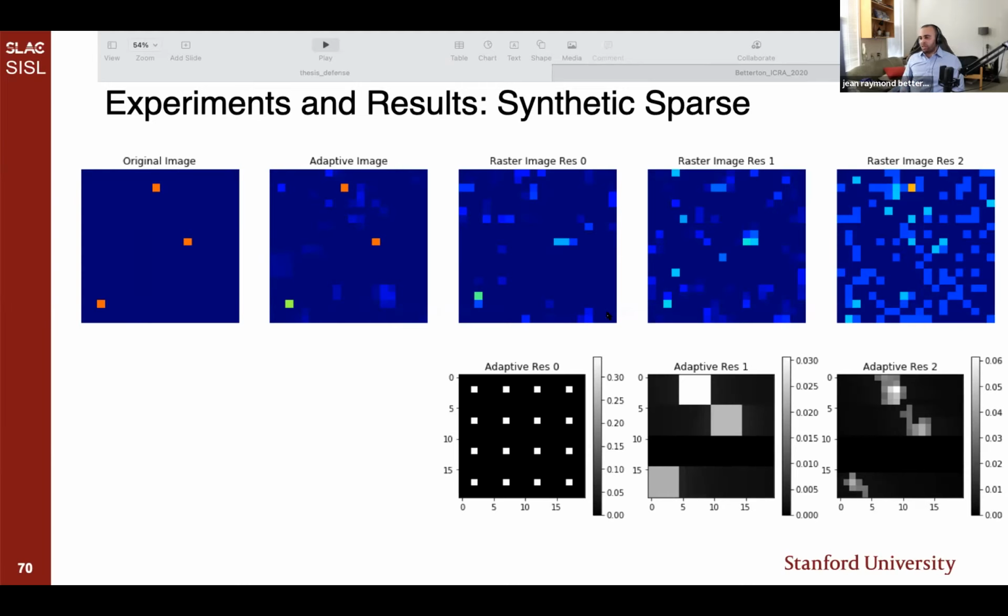Resolution 0 is the lowest, blurriest resolution, and resolution 2 is the highest resolution. If you measure finely enough with low resolution, you actually are able to recover higher resolution characteristics of the image. But even then, these rastering methods aren't really able to recover the original dots that we were trying to capture.